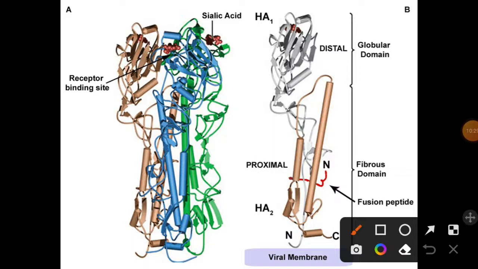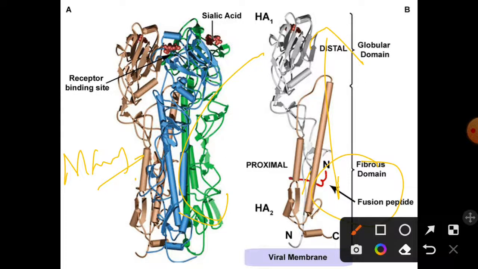The receptor binding domain will move back and the fusion peptide will move towards the vesicle membrane. Many trimeric hemagglutinin molecules at the same region of the membrane, with the help of this fusion peptide, try to fuse with the vesicle membrane.